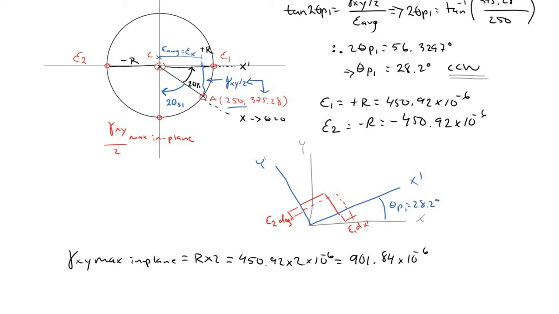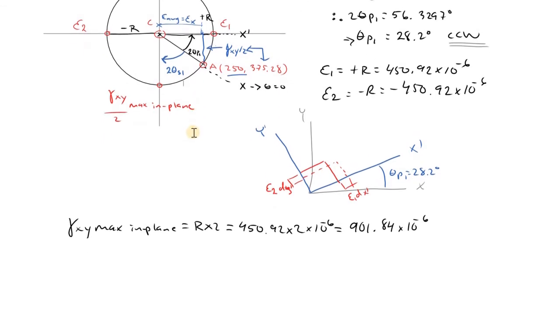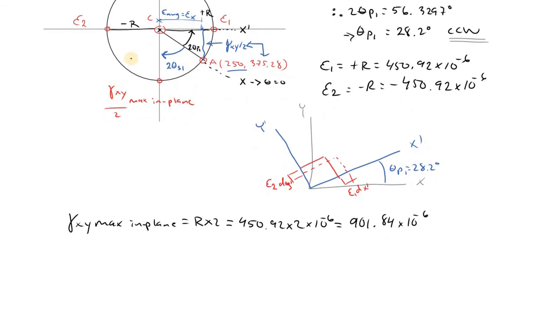So how do we find that? Again, we can do that using geometry of this triangle, or we can just use critical thinking and say it's 90 degrees between the shear plane and the principal plane here. So our 2 theta S1 is just 90 degrees minus our 2 theta P1.